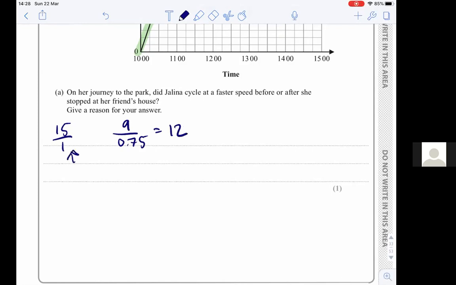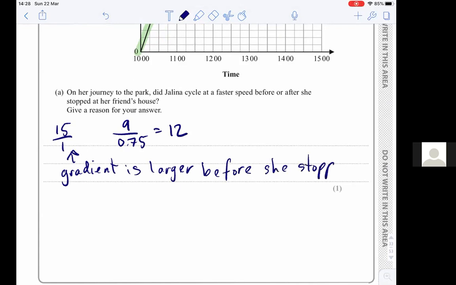So the gradient is larger before she stopped. Therefore, let's answer the question. She is traveling faster before she stopped.